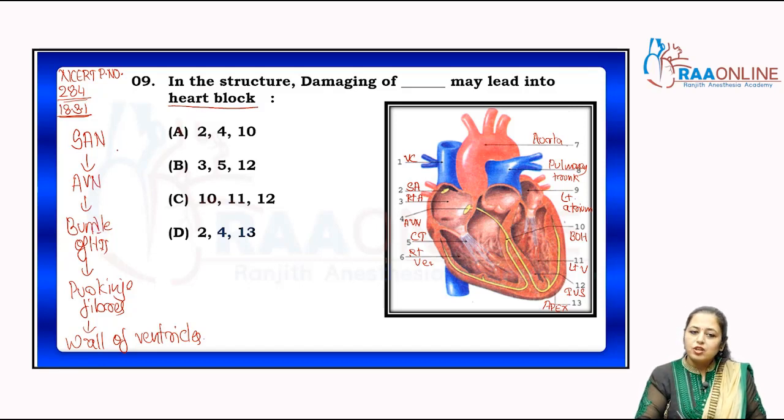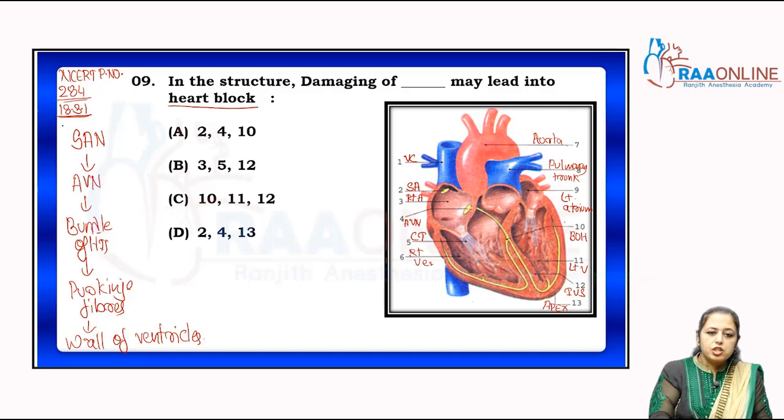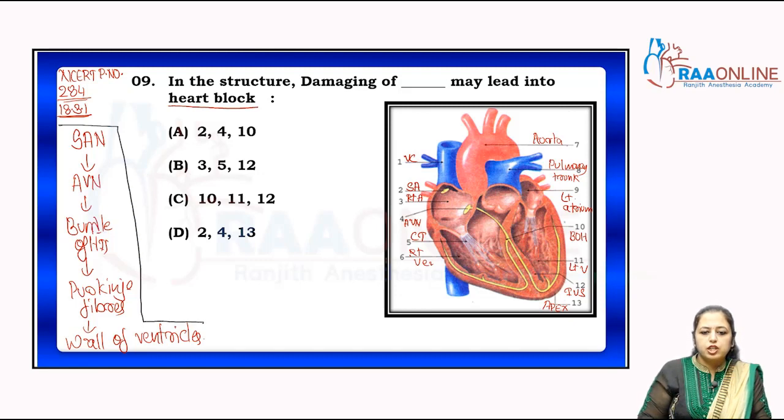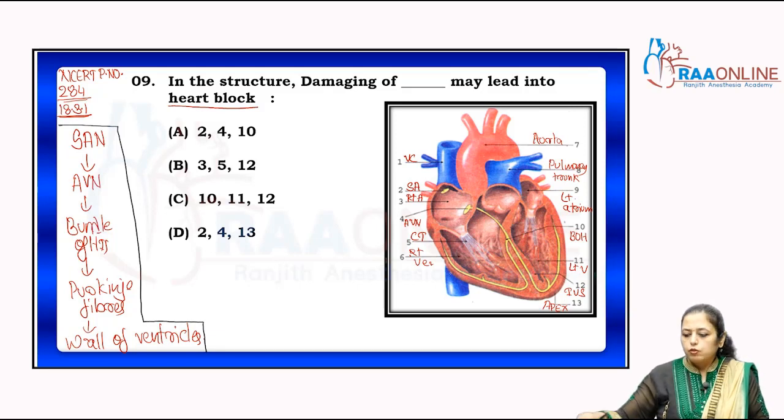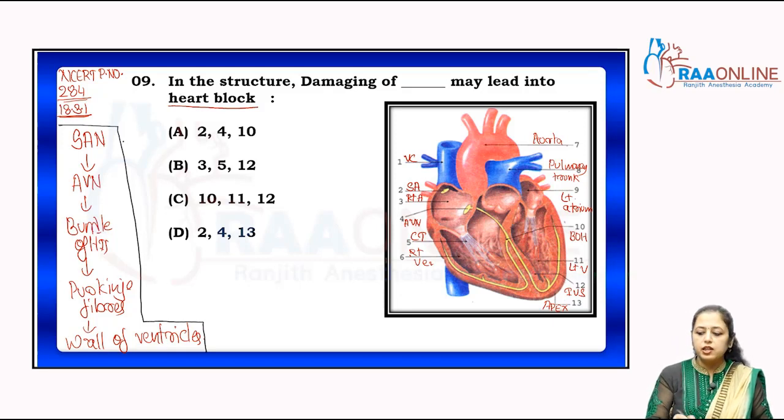So that whole set of structures forms a nodal system, which is responsible for the generation of the impulse in the whole heart. So when we correlate with heart block, what is heart block actually?